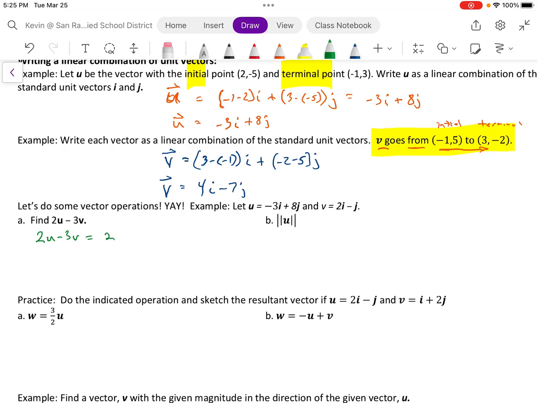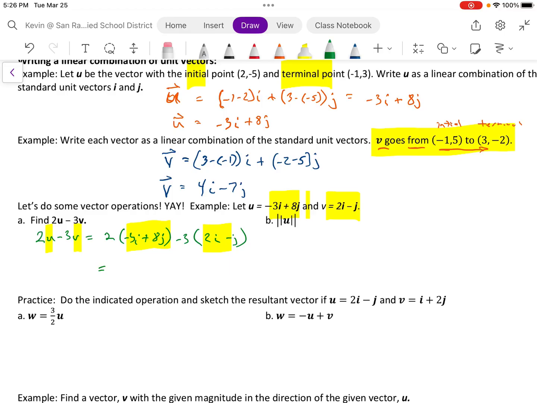We're going to write that as 2 times -3i plus 8j, and then minus 3 times v, which is 2i minus j. Hopefully everybody understands where I'm getting those values, because that's our u and our v. Some people keep having trouble with that.